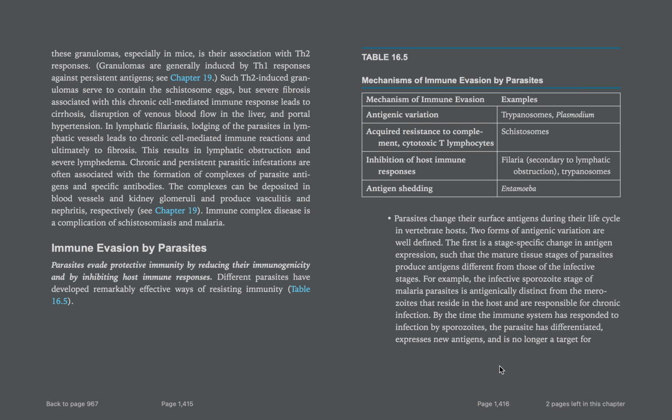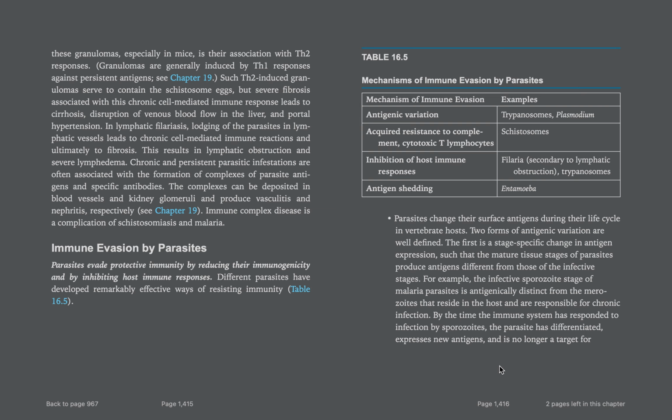Parasites change their surface antigens during their life cycle in the vertebrate host. Two forms of antigenic variation were defined. The first is a stage-specific change in antigen expression, such that mature tissue stages of the parasite produce antigens different from those of the infective stage.